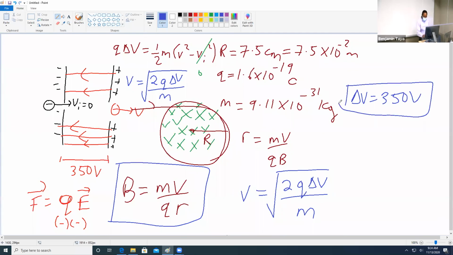All right, so first, you do this calculation for V. Then once you get V, you can plug it into that equation to get the strength of B.